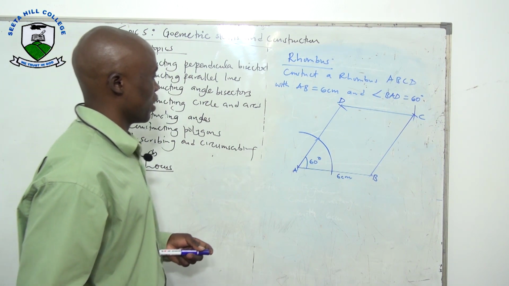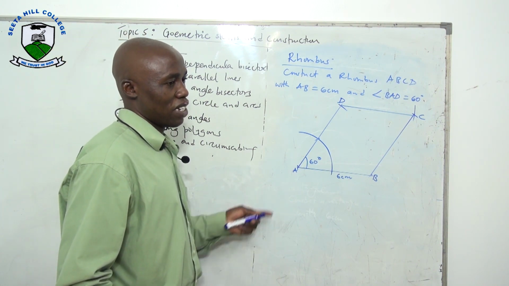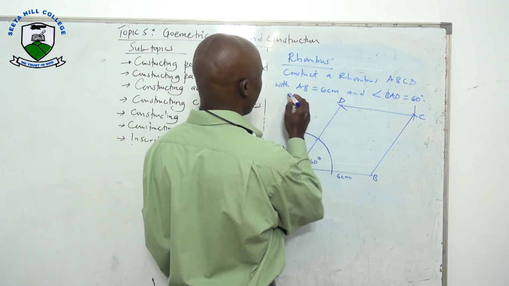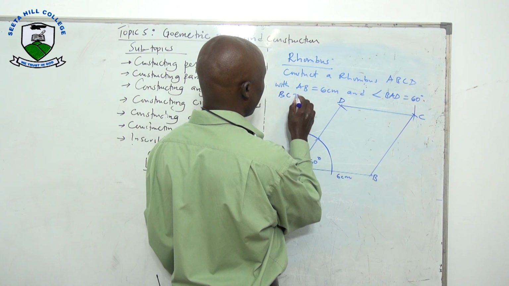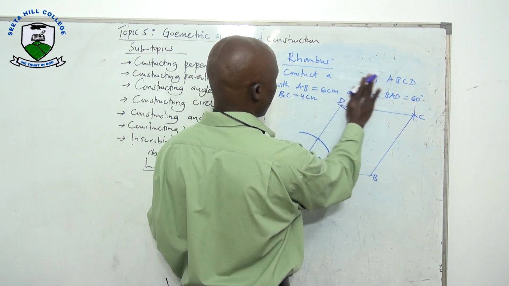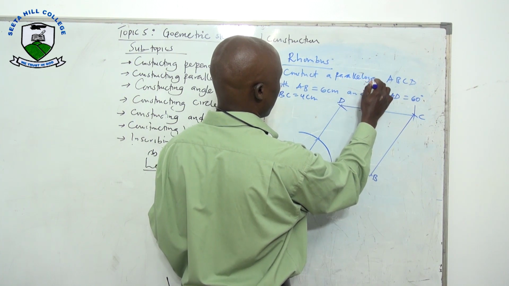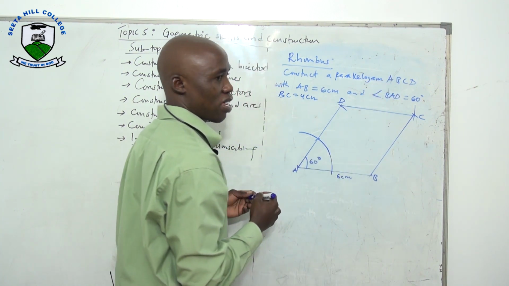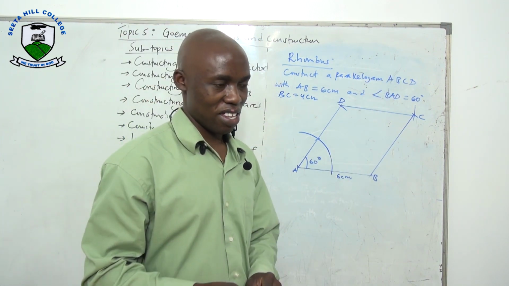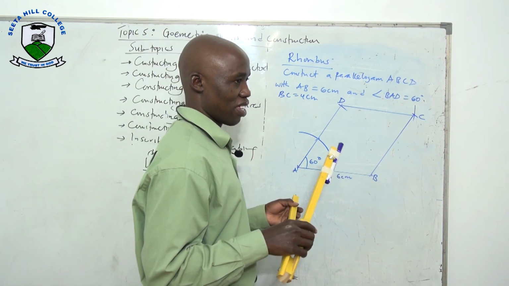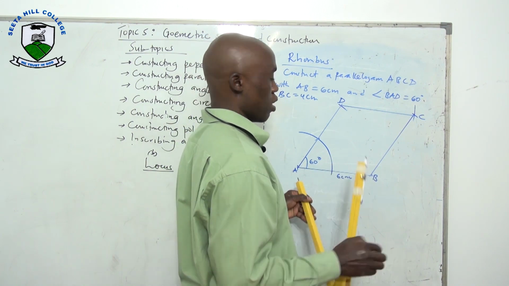Somebody complained. Is that fine? What if you are asked for a parallelogram, AB 6 and BC is 4? Change this question to a parallelogram. How do we achieve that? The same method? The measurements will change.